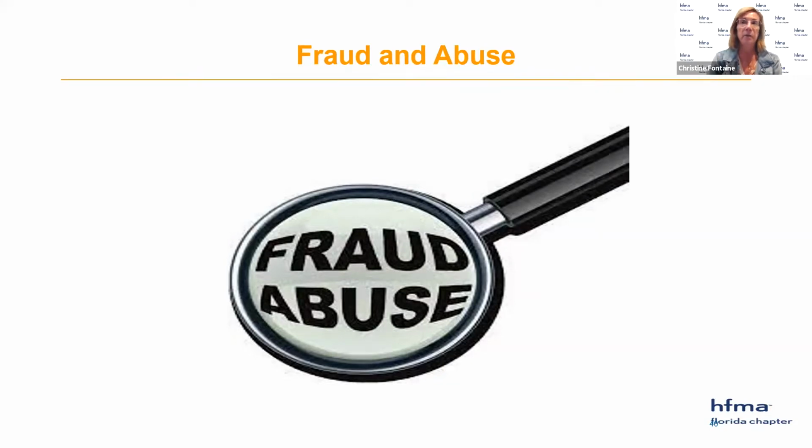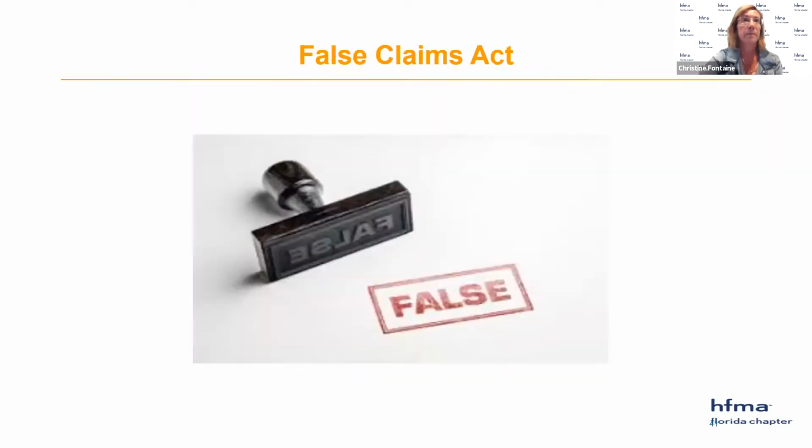Abuse carries civil monetary penalties, and the burden of proof is much lower. The chief enforcement vehicle of the federal government is the False Claims Act, which allows the U.S. Department of Health and Human Services to recover monetary damages of up to $11,000 per false claim.